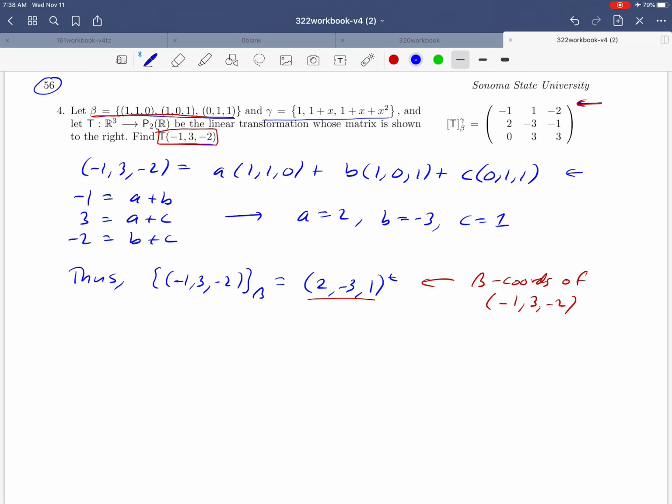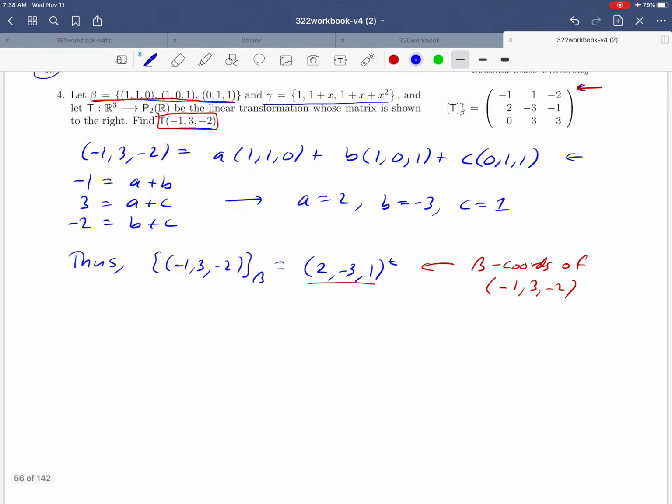So all we need to do is take our matrix, with rows (-1, 1, -2), (2, -3, -1), and (0, 3, 3), and multiply it by the input coordinates that we just found, (2, -3, 1). You would do that matrix multiplication, and I'm going to trust that you can check me on that. What you should come up with is (-7, 12, -6).